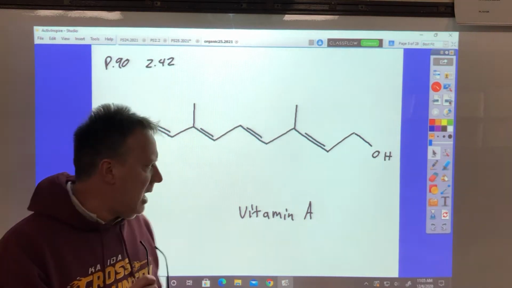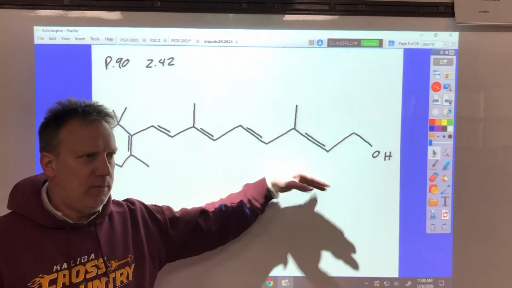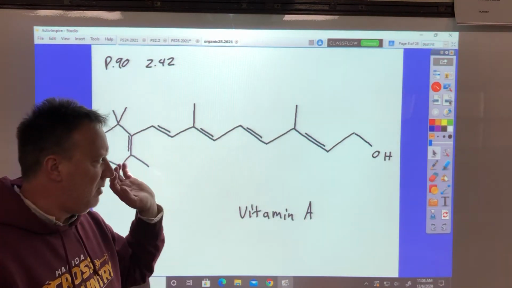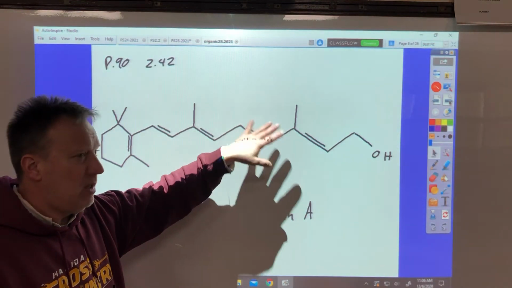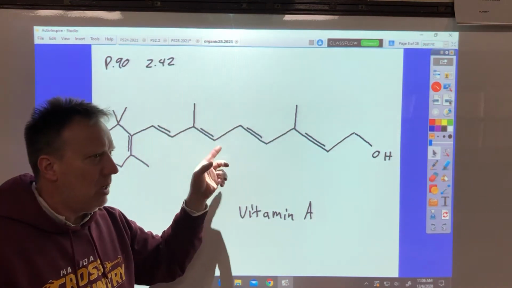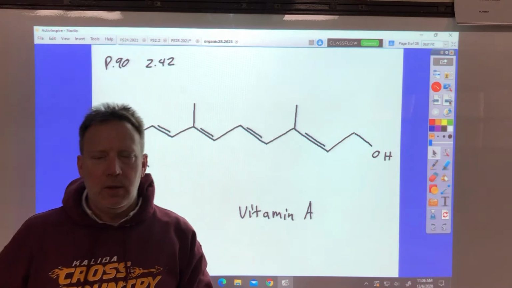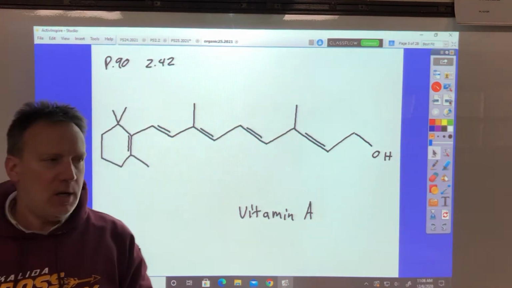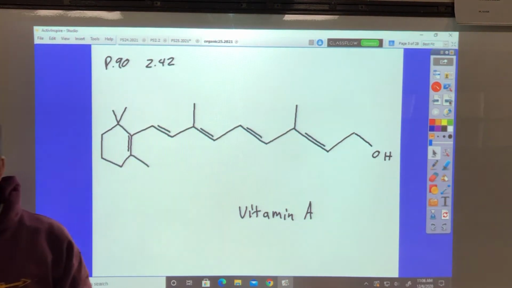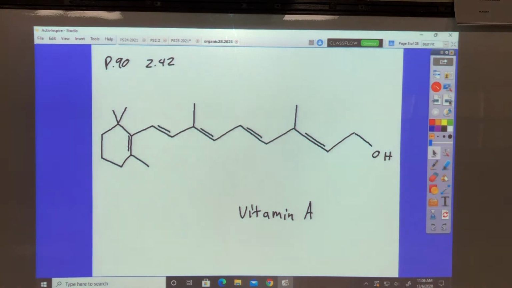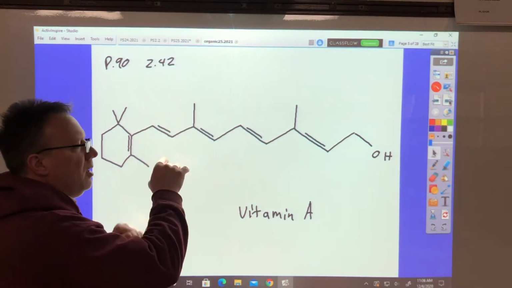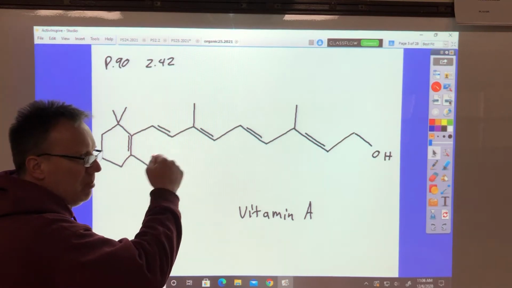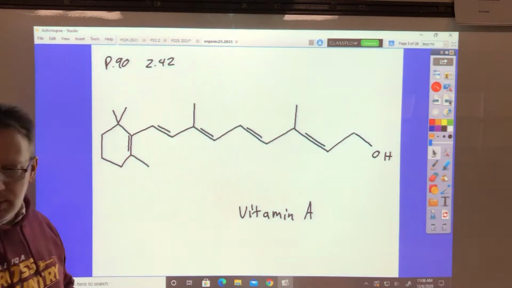So we can't make this molecule from anything else that we've got. We have to have this molecule show up in our diet, and then we can make stuff from it. What exactly are we making? I really don't know. Maybe it's one of those things I ought to know, or once knew and forgot. Who knows? But that's what a vitamin is. It's something in our diet. It's a molecule that we have to make other stuff, and we just don't have a way to make it, so we got to get it from our food.